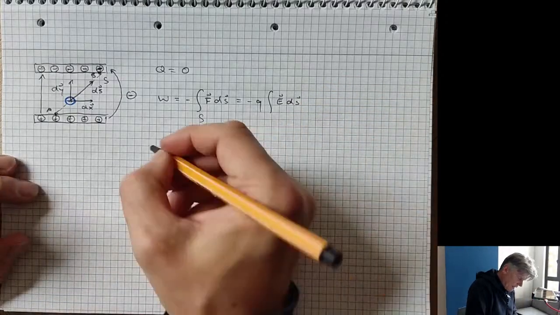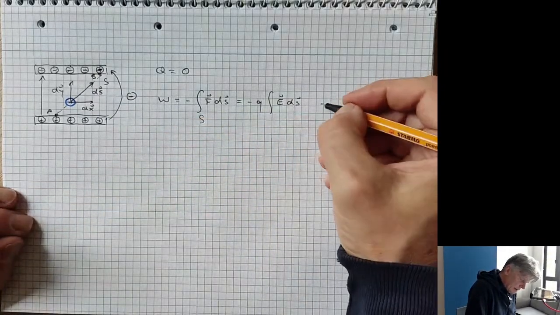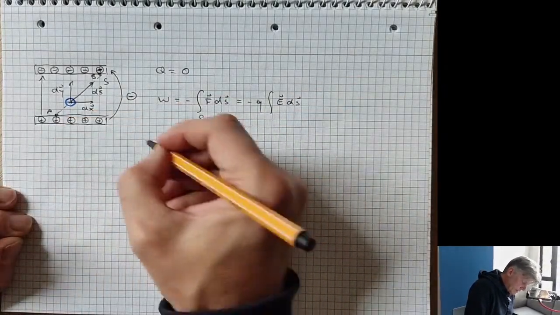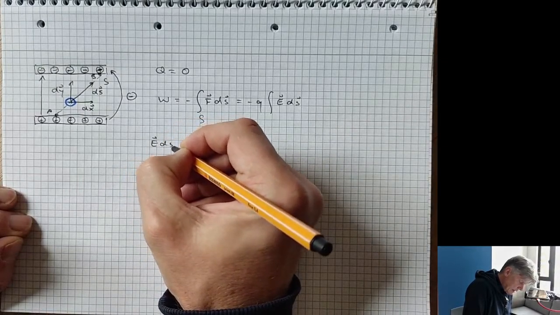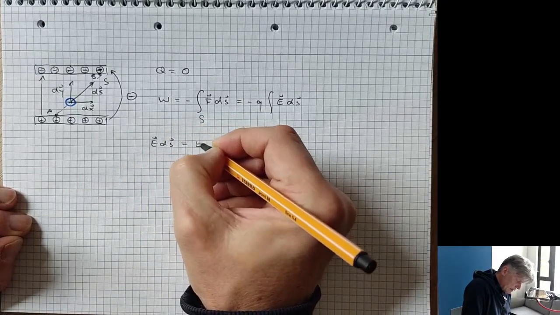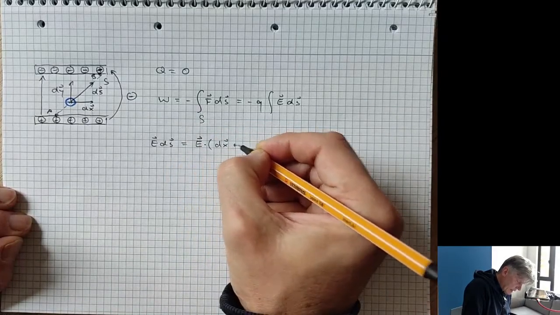So what is E ds? As we said before, E ds is now E times the sum of dx and dy.